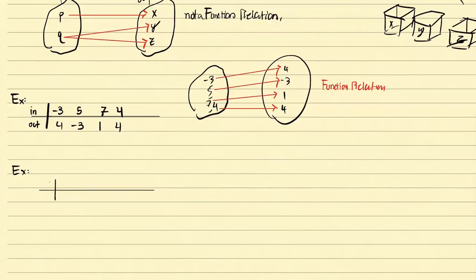So I have 0, -5, 3 and 7, 0 and 2, 6 and 4. So right away, you see these repeats right here. So 0, the same input goes to different outputs. So this is not a function relation.